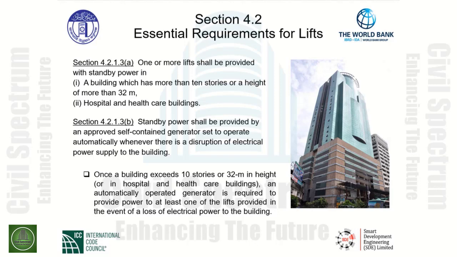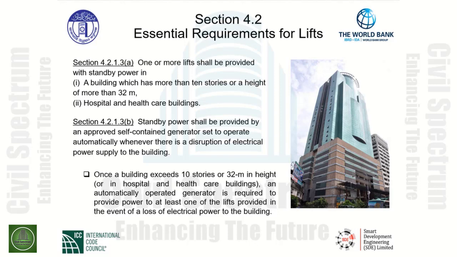Item B of section 4.2.1.3 tells us that standby power shall be provided by an approved self-contained generator set to operate automatically whenever there is a disruption of electrical power supply to the building.